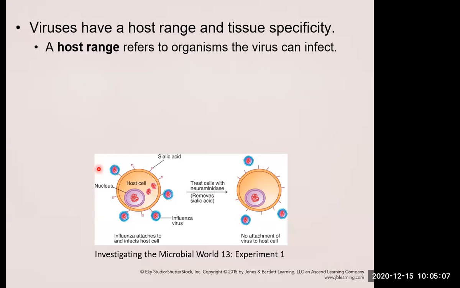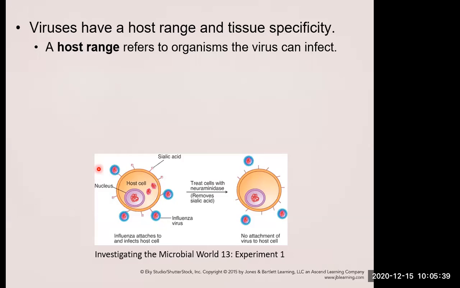More definitions. So we have a host range. That's going to refer to which organisms a virus is able to infect. Can you all think of something that's going to be necessary for infection to take place? So what's going to make something able to infect a given cell type? What do we have to do? So we're going to have to replicate. Before we replicate, what do we have to do?